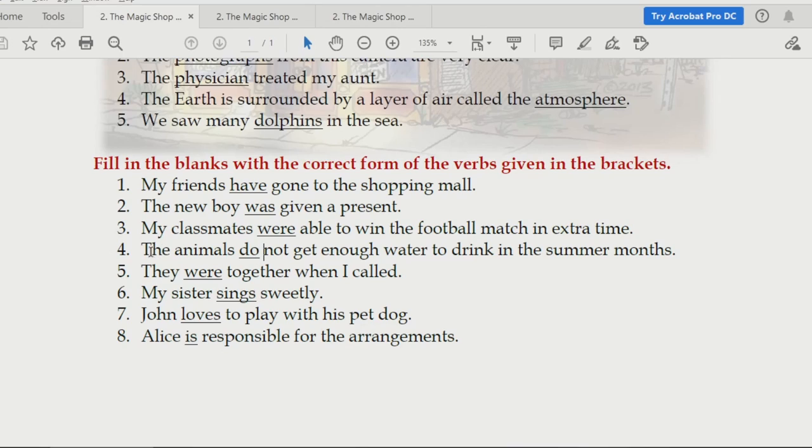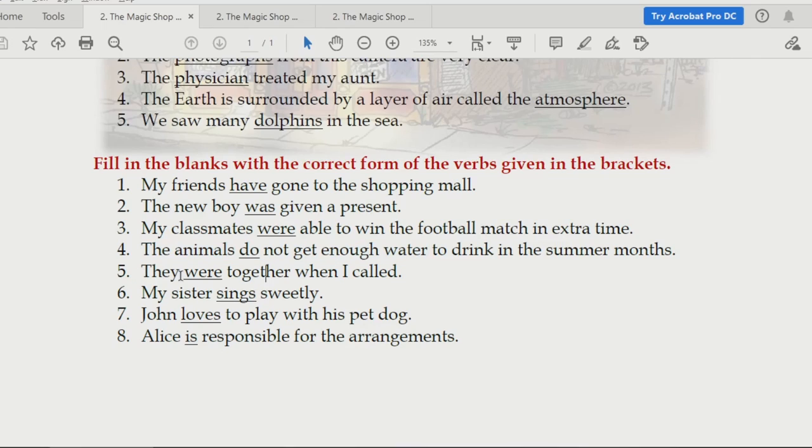Now just imagine over here we have in the sentence the animal. So this will turn to the animal does not get enough water. But since we have an S over here, this becomes a plural noun. So also the verb will turn to plural form. The animals do not get enough water.